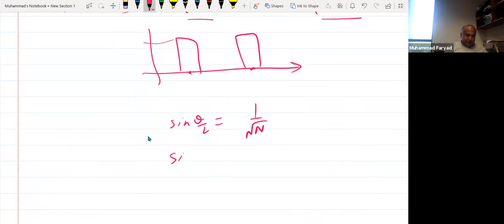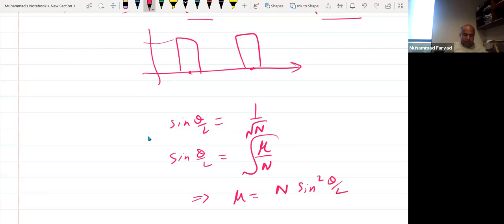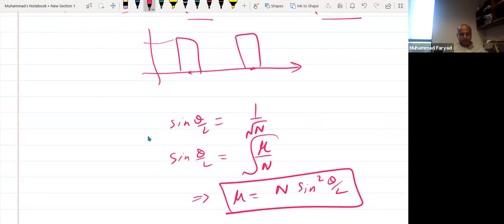And when we had more than one solution, it was square root of mu over N, which means that the number of solutions mu is N sine square theta by 2, where N is the total number of items. So if I'm using small n equal to 3, then capital N is equal to 2 to the power 3, which is 8. This is the total number of items. And from this total, I can find the number of solutions mu by using this expression.